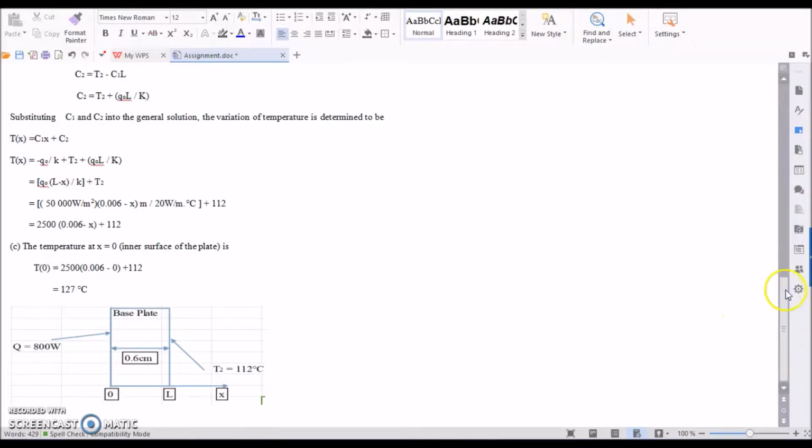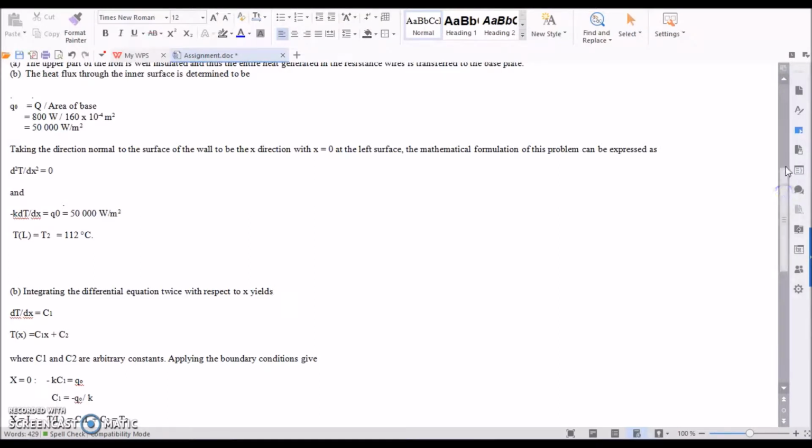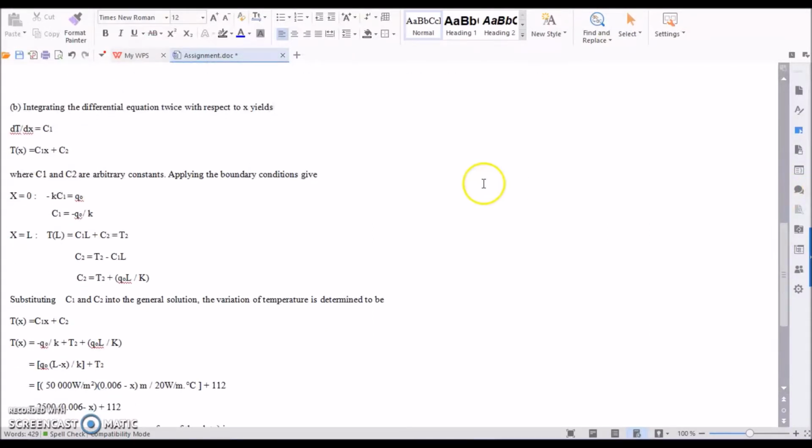Okay. So, when we want to obtain the relation, first we have to integrate the differential equation with respect to x. First we assume that dT per dx is equal to C1. So when we integrate this, we get C1x plus C2. C1 and C2 are just arbitrary constants.